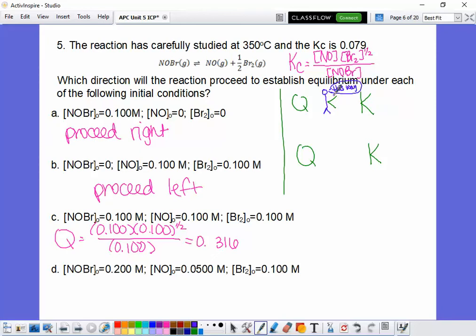So when Q is less than K, it's like, go this way. And when Q is greater than K, the dude's arms are saying, go this way. Now you have to compare Q to K. If you compare K to Q, it doesn't work. So compare Q to K and that tells you which way to go.